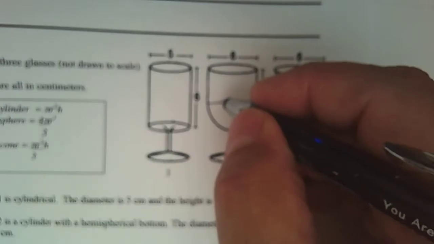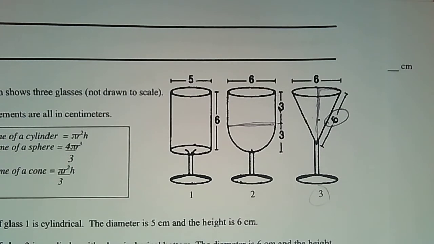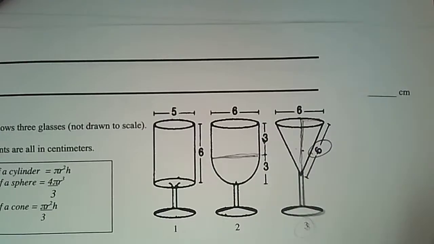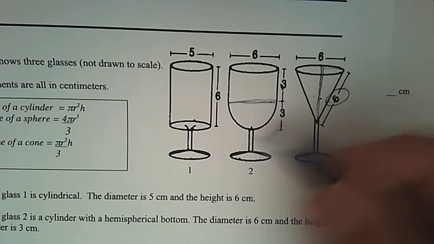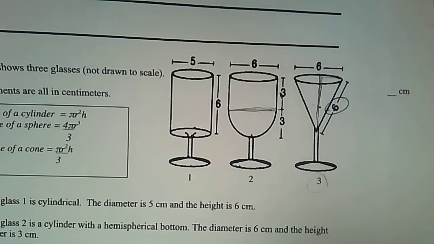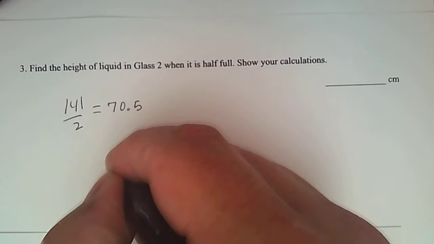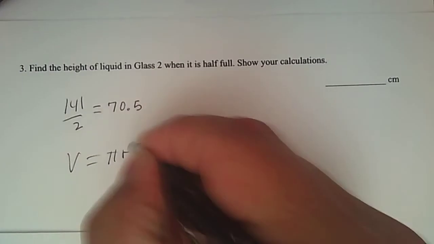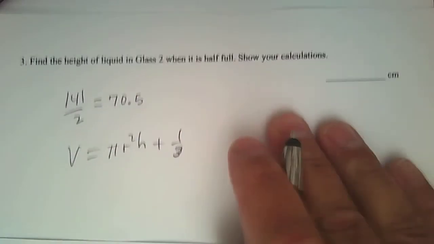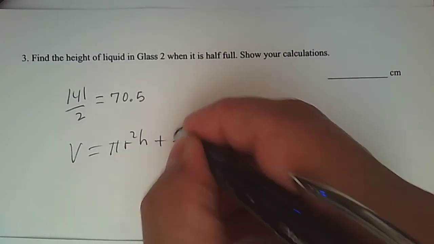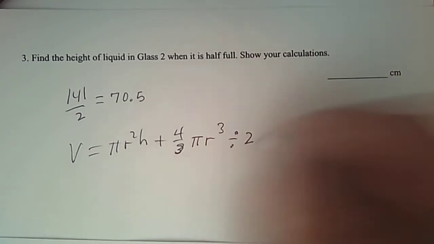So let's look at this again and figure out what that height would be with that volume. We have a formula that we used to find the volume of it. It was the cylinder, which was pi r squared h, plus the half sphere, which was 4/3 pi r cubed, and we took that answer divided by 2.